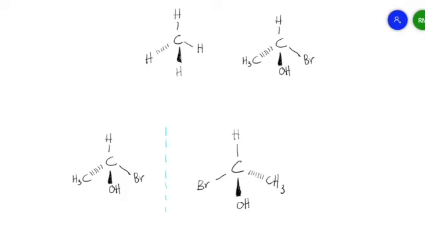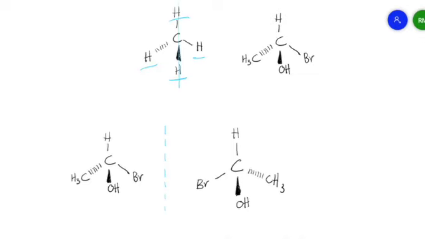So for example, if we look at these top 2 molecules up here, we can see that this molecule is actually symmetrical because it's a tetrahedral shape. And any molecule with a tetrahedral shape with 4 of the same atoms or groups bonded to it, in which case all 4 are hydrogens, would be symmetrical. So since here there is a plane of symmetry, this means that this will not have any chiral centers.